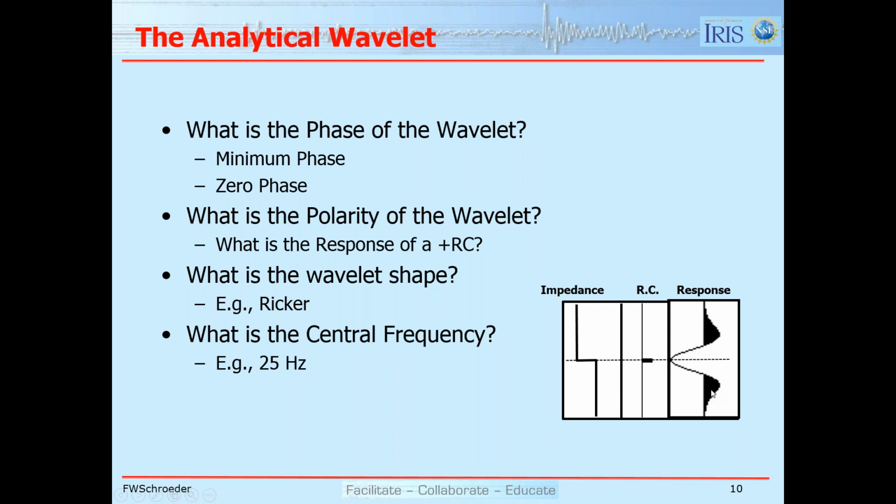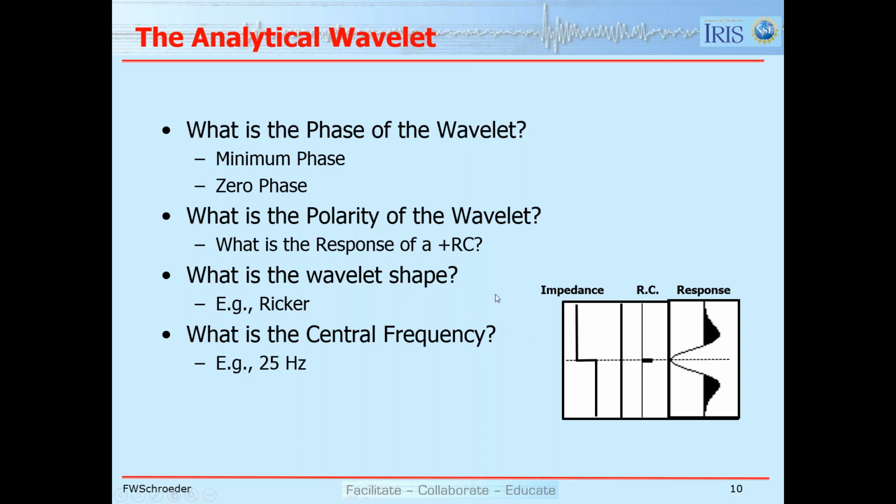And so if I understand that my data is zero phase, I can either try to extract the wavelet, or I could say, I think I'll use a Ricker shape, and I estimate that the central frequency is 38 hertz, or whatever it might be.